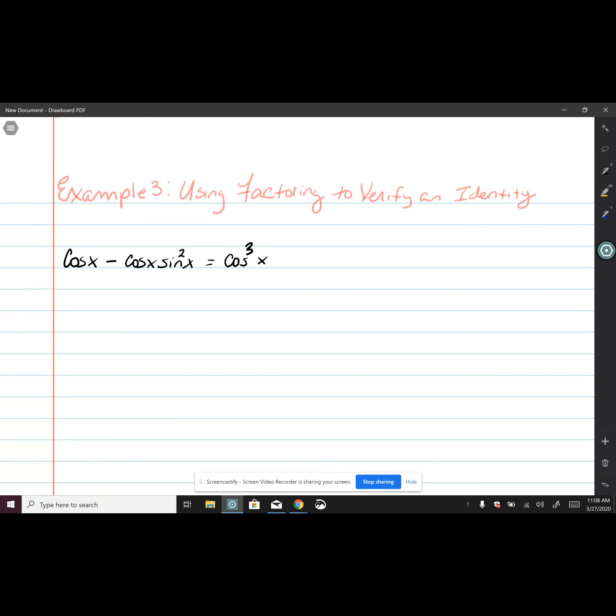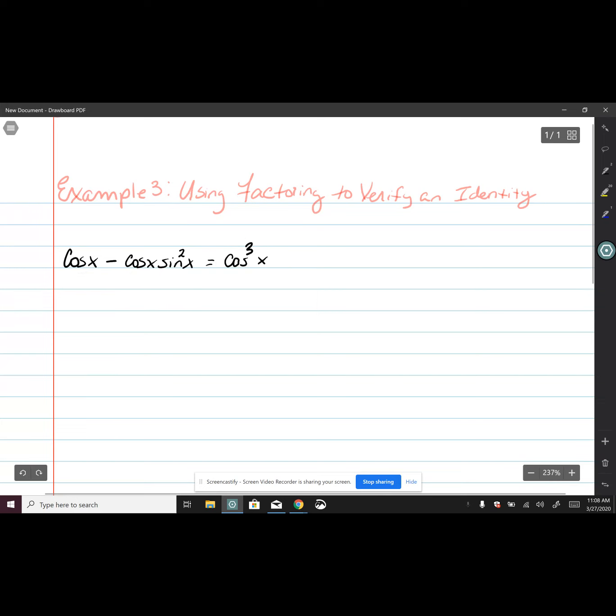So if we're looking at this, cosine x minus cosine x sine squared x equals cosine cubed x. There is not much I can do with that over there. I have no idea or no way of turning it into anything. So I am not going to work with that side. What I'm going to do is focus on this side here.